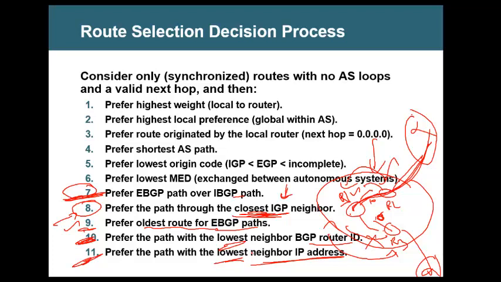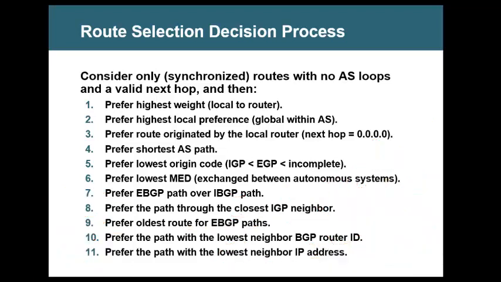This one you should know in sequence by heart. You need to know these things. If you close your eyes, you should be able to say this in order. Valid next hop. Highest weight. The default is 0. Weight is local to the router.